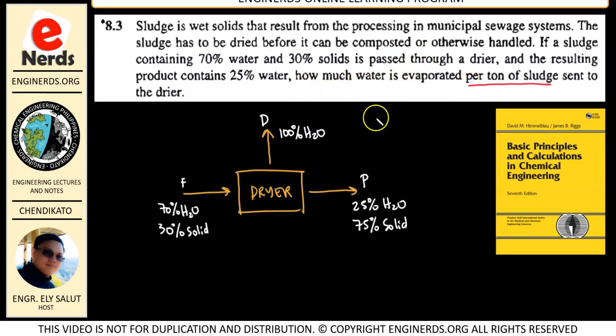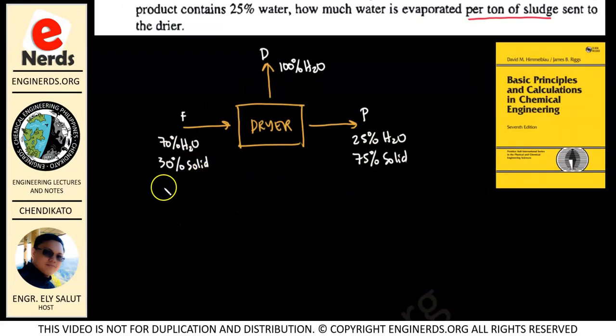Okay, so our question is, how much water is evaporated per ton of sludge? So obviously our basis here will be 1 ton of sludge. Okay, pero para mas mapadali ang ating calculation, because the value is very small, let us convert this to pounds. We know that 1 ton is equal to 2,000 pounds.